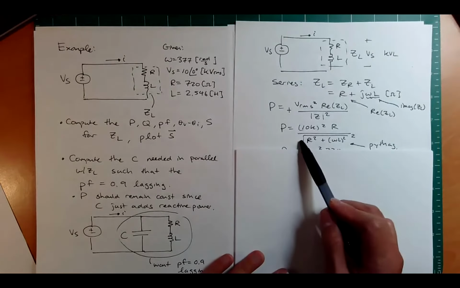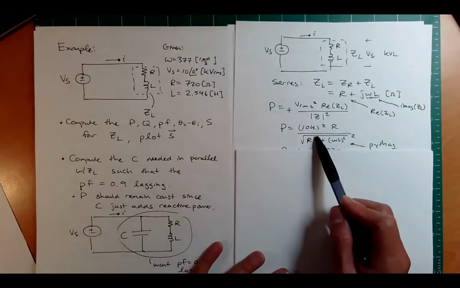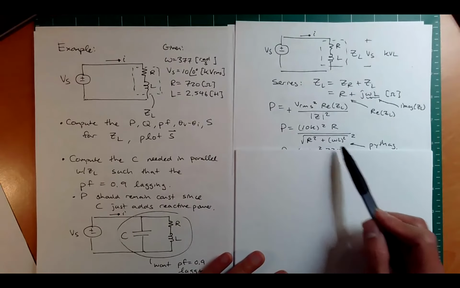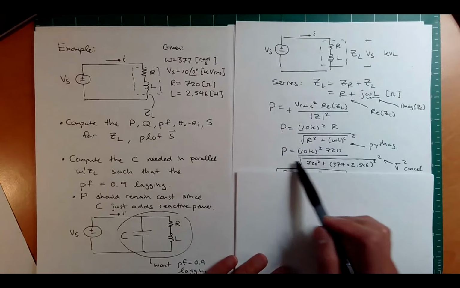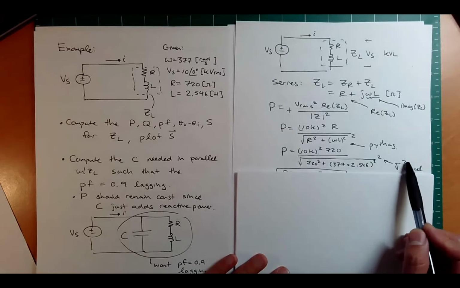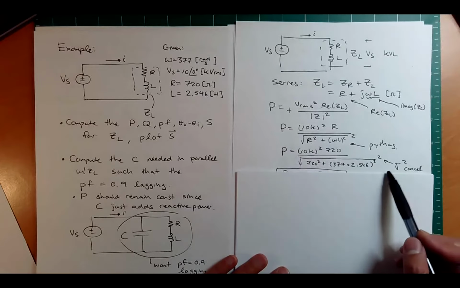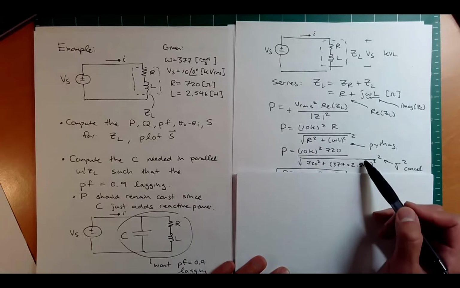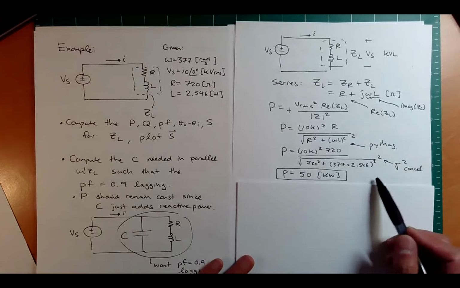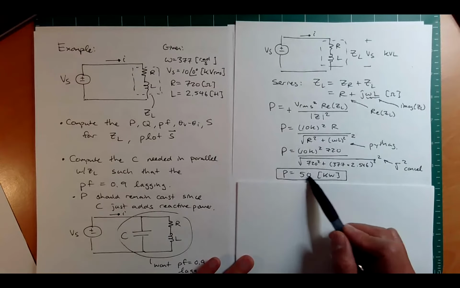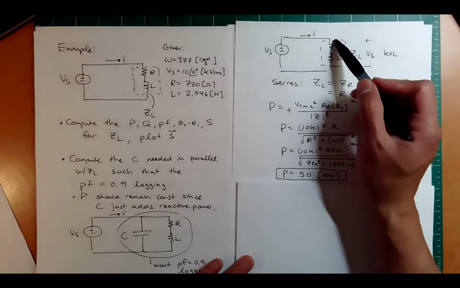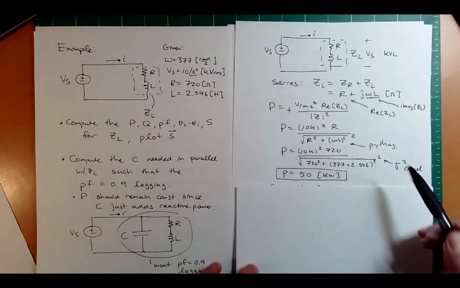So this is 10K squared times R over the square root of R squared plus omega L squared, squared. Notice the square root and the square cancel here. You see that sneaky little square and square root; they cancel. Don't forget that. I forgot that when I was doing this example. And we get power equals 50 kilowatts. So the real power for the ZL is 50 kilowatts.